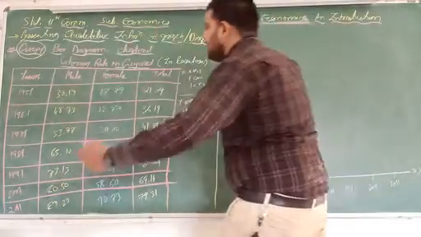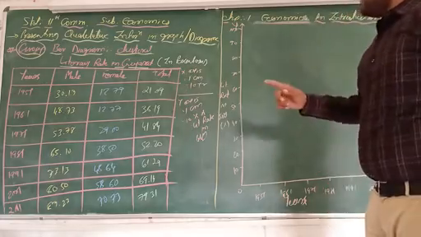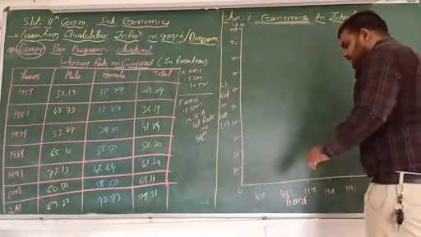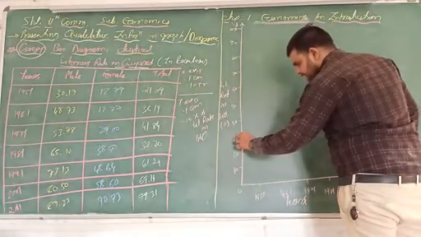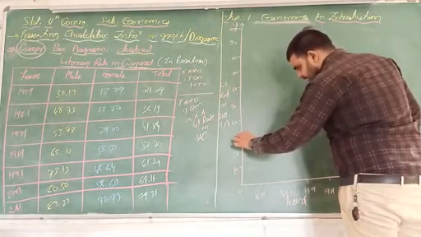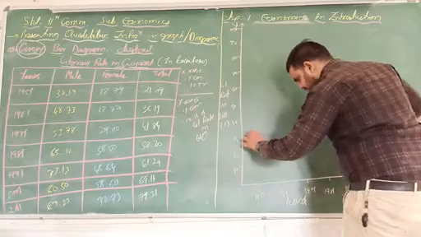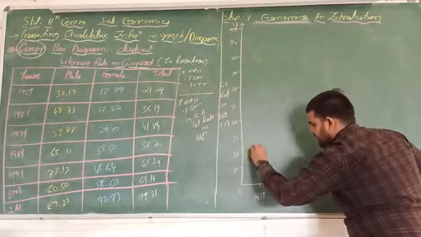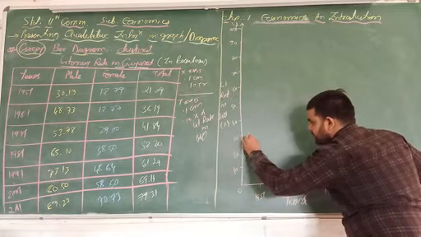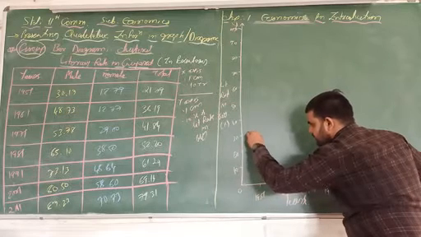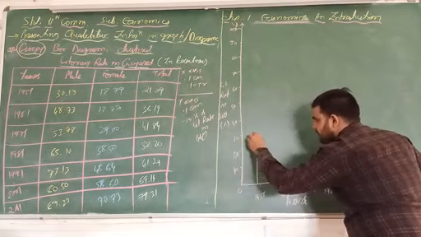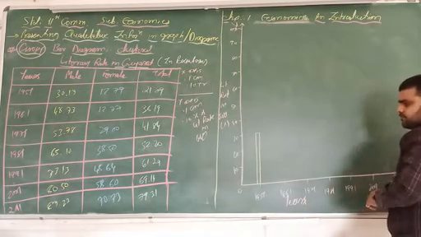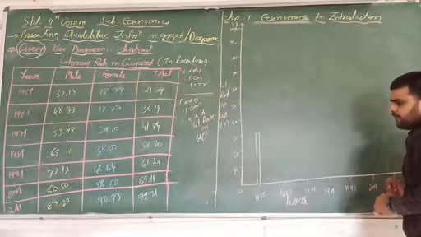So here 1951 male 30.17. Okay, so here 30.17 that I will draw here. Okay, so here this is male. Now on female.